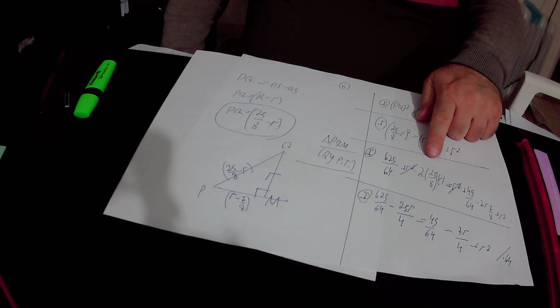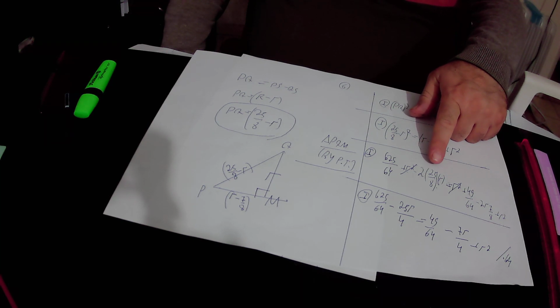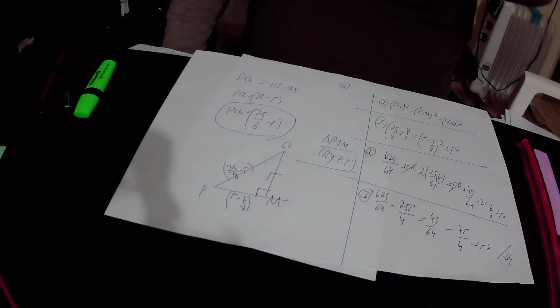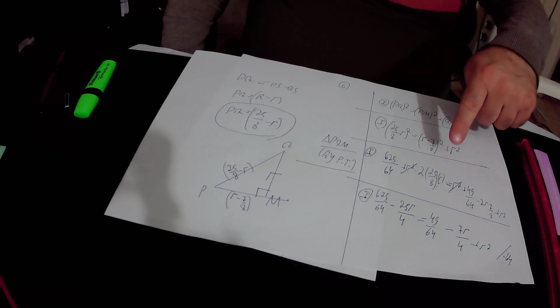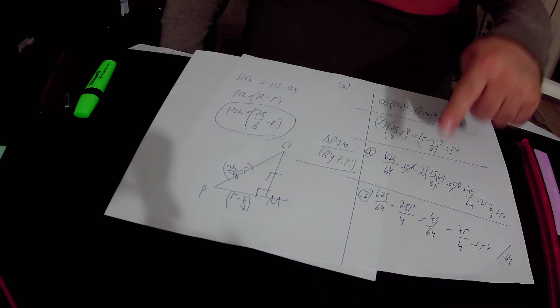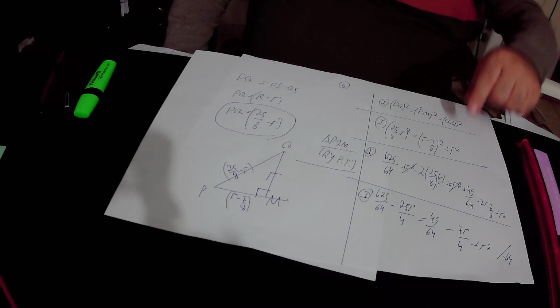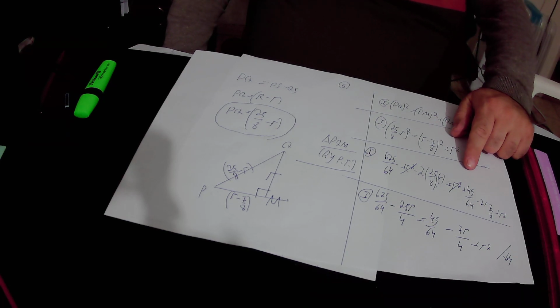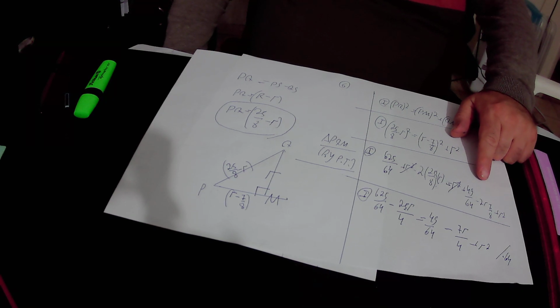So in the numerator we have minus 25R. In the denominator we have 8 over 2, that is 4. So in conclusion, this expression equals minus 25R over 4. And this is equal to 49 over 64 minus, here we divided both the numerator and the denominator of this expression by 2.